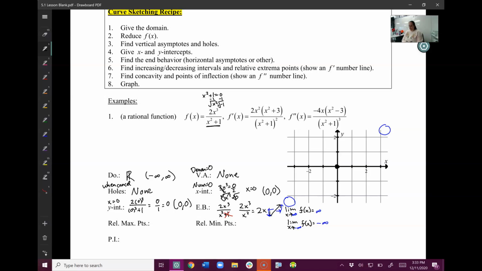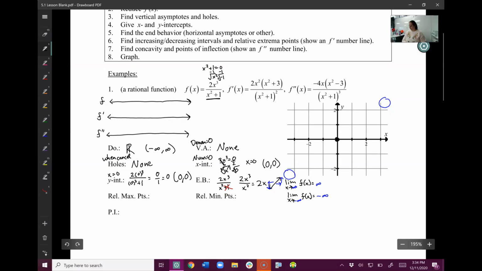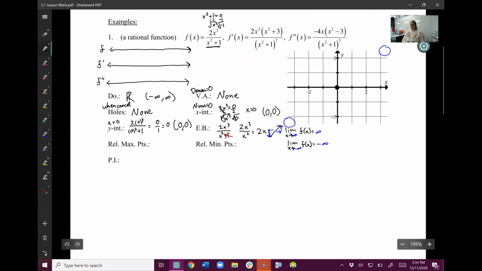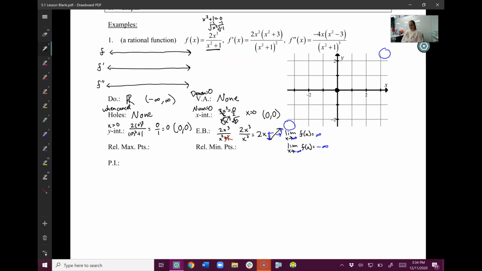So for the calculus stuff, we are going to create number lines, sign lines, for our original, our first derivative, and our second derivative. Now, if you remember, the things that go on sign lines are critical numbers.